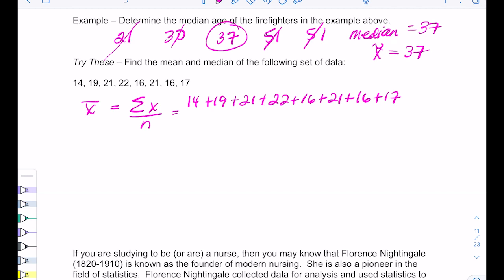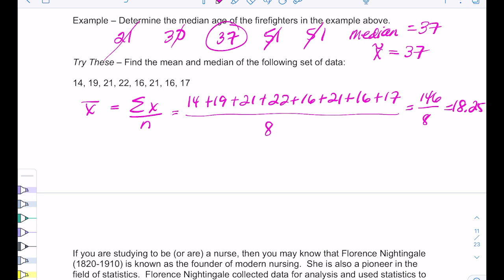And then I'm going to divide by 8 because there's 8 numbers. When you add the numerator, it should be 146 divided by 8, which is 18.25. So that's my average.